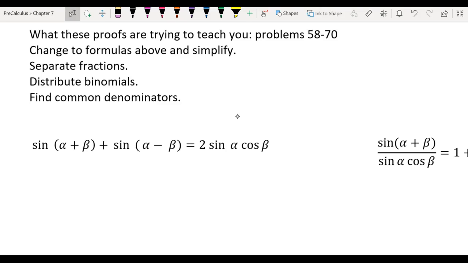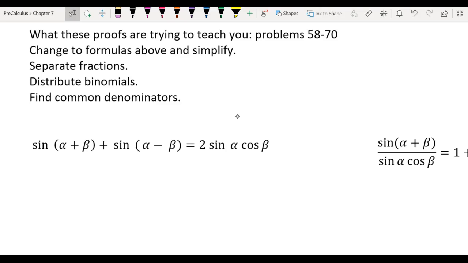We have sine of alpha plus beta plus sine of alpha minus beta is going to equal 2 sine of alpha cosine of beta. Okay, so first of all, we need to know the sine plus version and the sine minus version, correct? So sine of alpha plus beta, is it sine or is it cosine first?